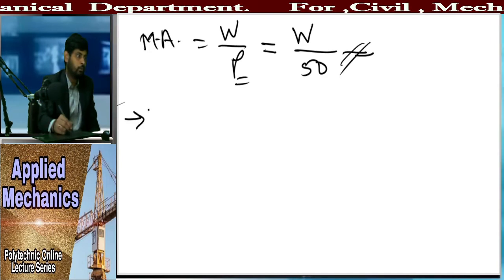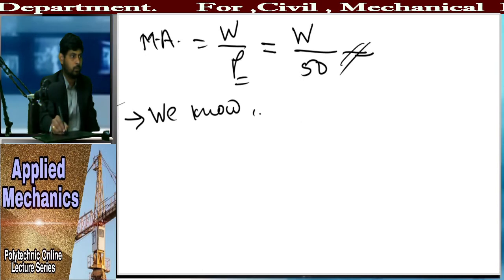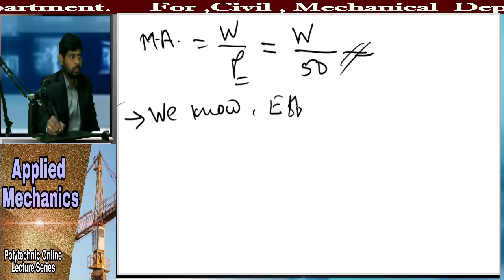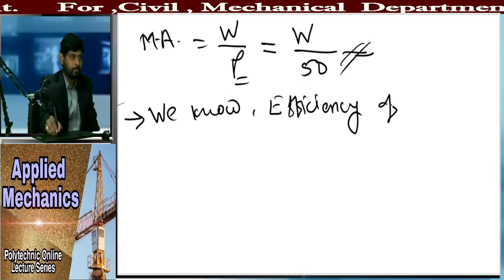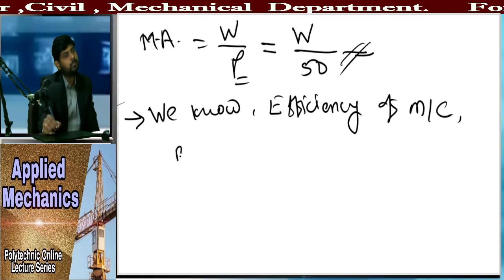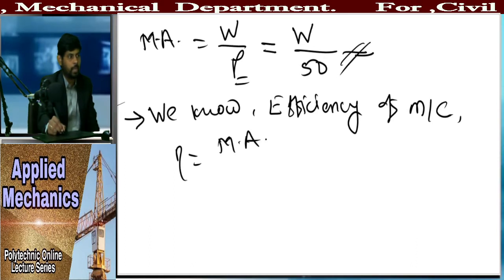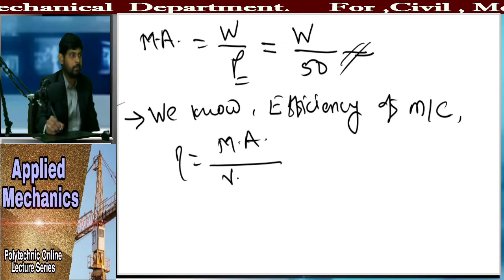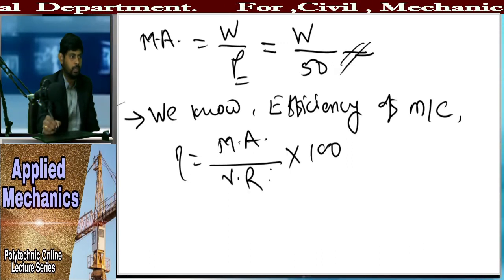now you know very well the efficiency of the machine. Efficiency is equal to mechanical advantage divided by velocity ratio into 100.